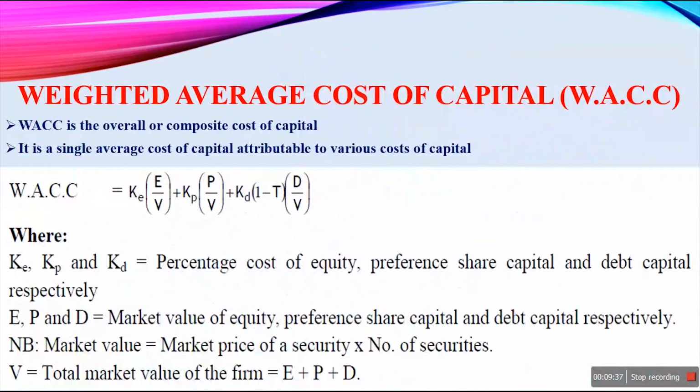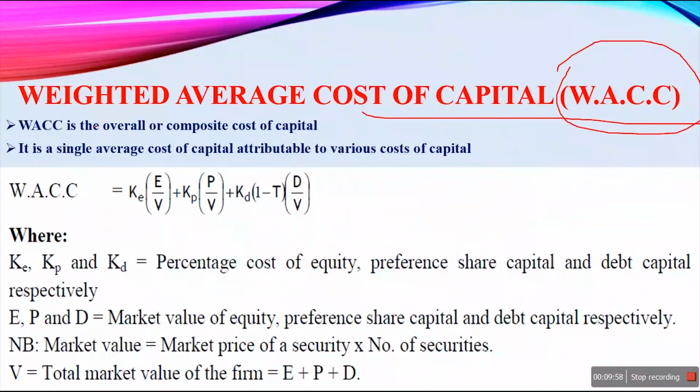After knowing how to get the various cost components, that is the cost of finance components, that is the cost of equity, cost of debt, and cost of perpetual preference shares, we use that concept to obtain the weighted average cost of capital, which is put as WACC.